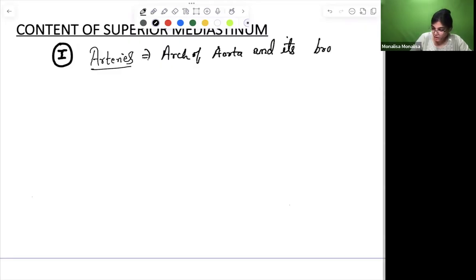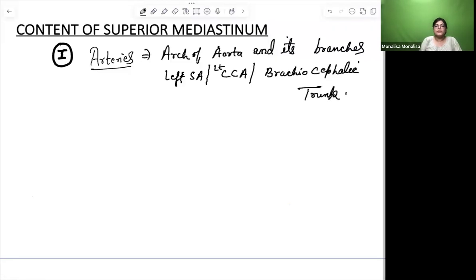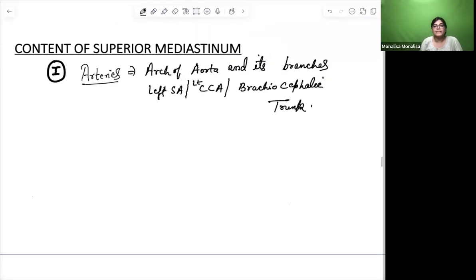You already know the branches of the arch of aorta: the left subclavian artery, the left common carotid artery, and the brachiocephalic trunk.